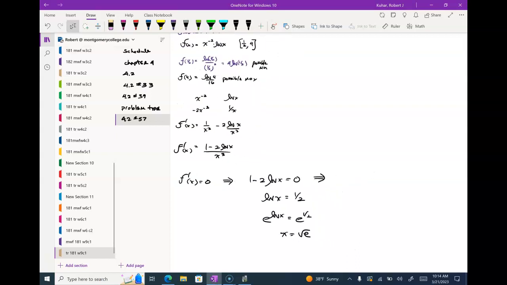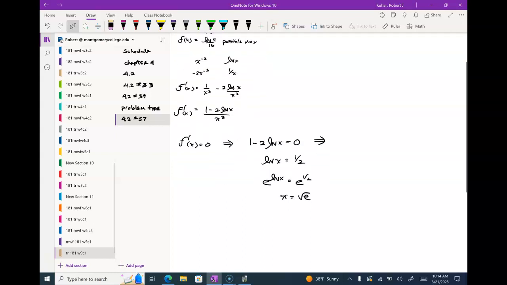Is that between 1 and 4? Yeah, square root of e, 2.7, right? Between 1/2 and 4, yes? Subtract 1, right? So -2 ln of x equals -1.